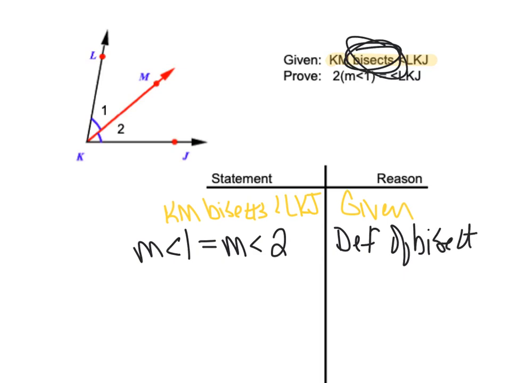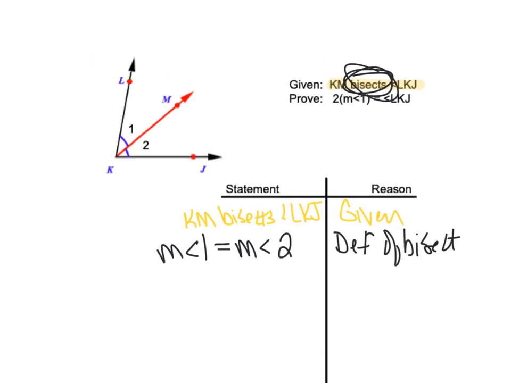Remember from the very first slide, if I have a diagram with a ray coming out of the middle, the only other thing I really know I can do with that is add the two angles together, and they equal the whole. So if I add angle 1 and angle 2 together, I will get the whole angle.